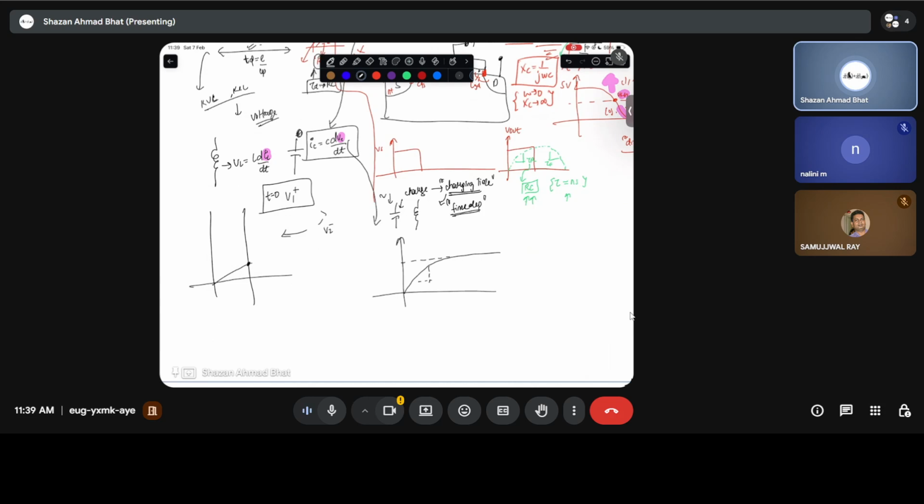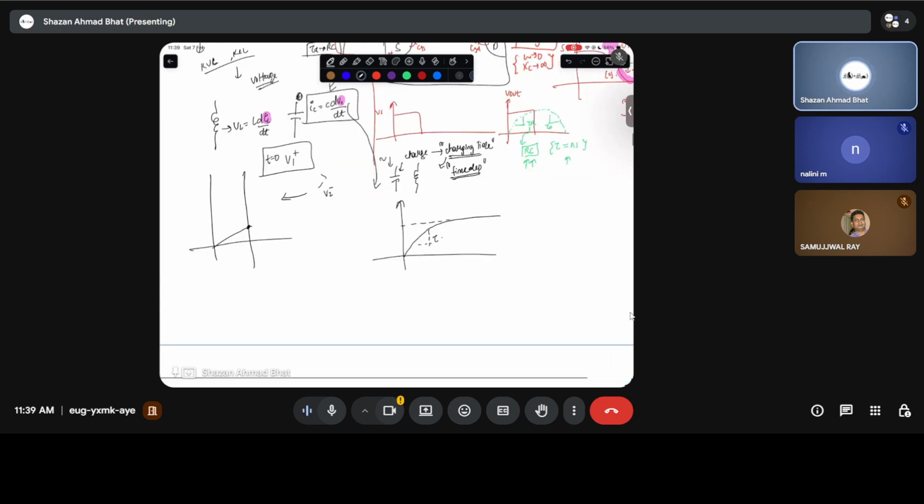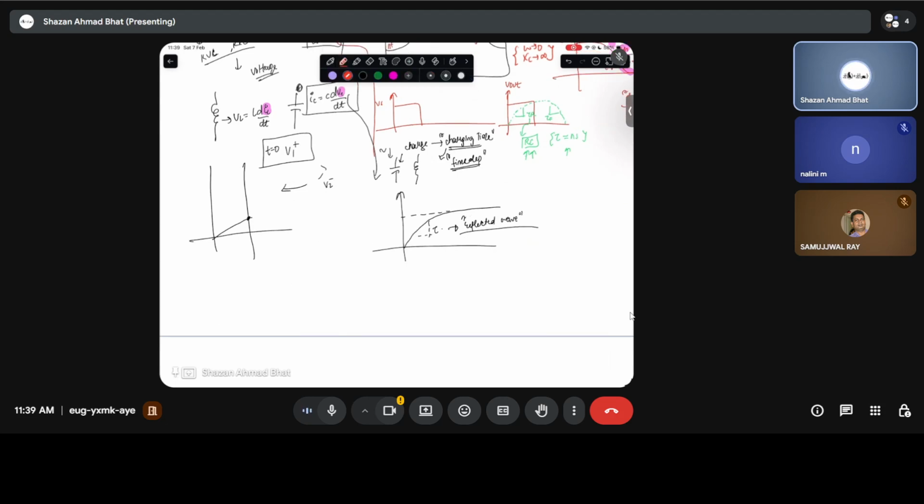So this particular time constant will be there, and it will be seen in the reflected wave towards the source end. That's why this entire phenomenon becomes time dependent. You didn't have any time constant if there was only a resistive load.